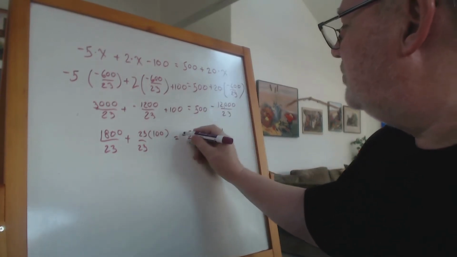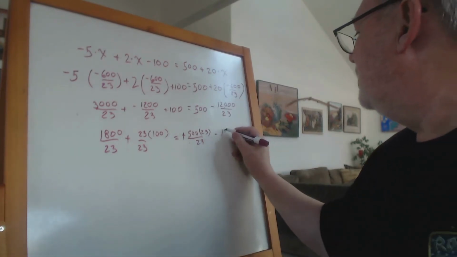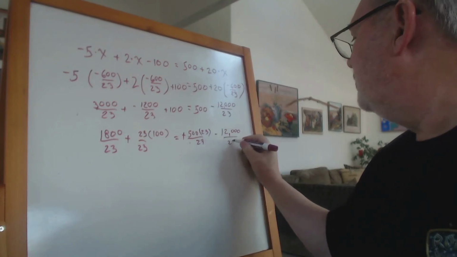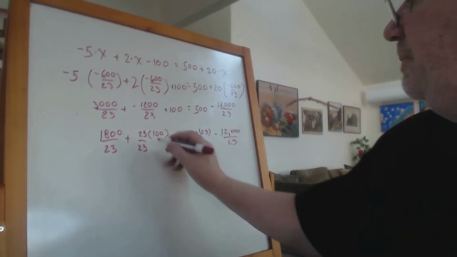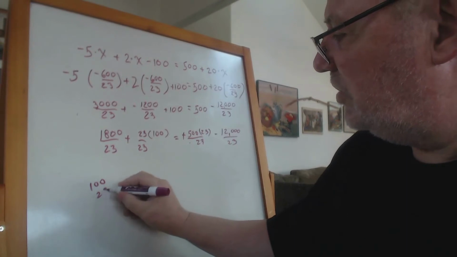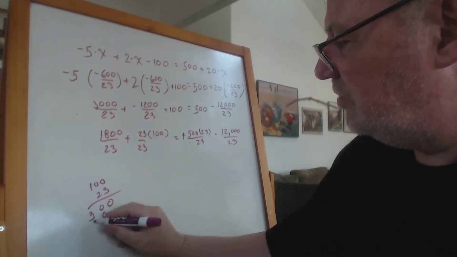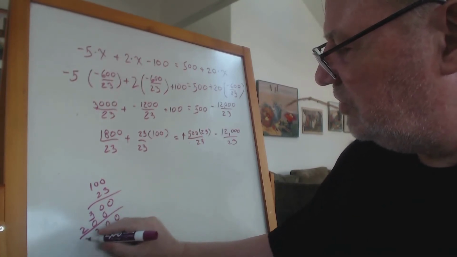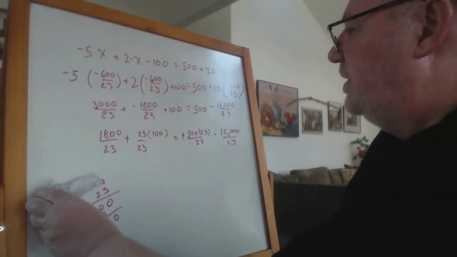Well, this is plus. That's a plus 5. I made a mistake there in copying. 12,000 over 23. So everything is over 23 now. And 100 times 23, that's 2,300.